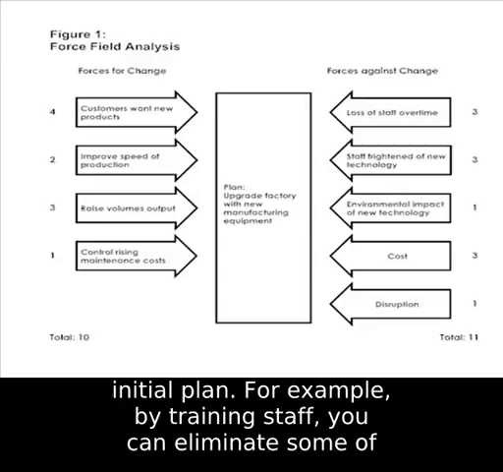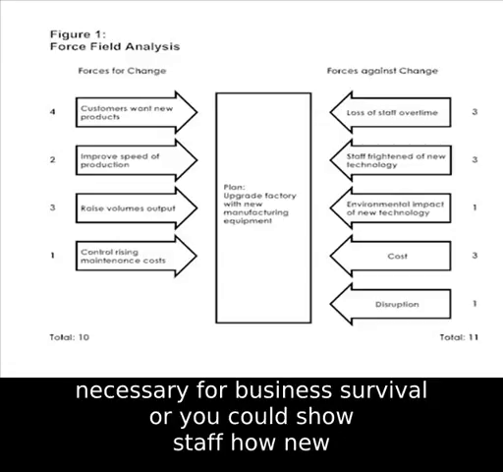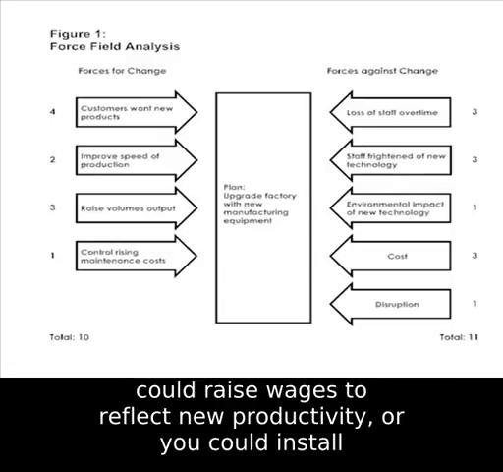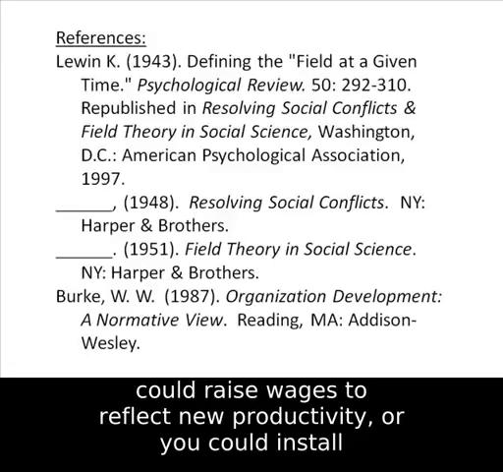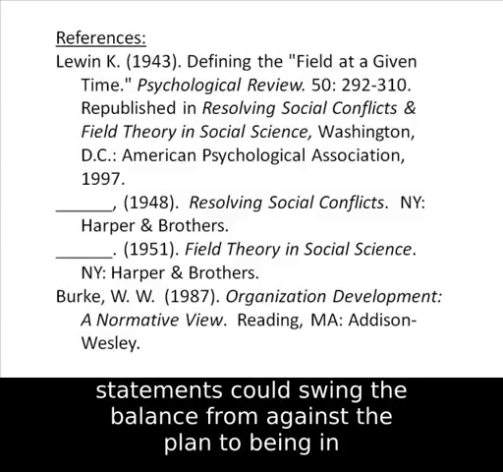For example, by training staff, you could eliminate some of the fear of technology. Or you might show staff how change is necessary for business survival. Or you could show staff how new machines would introduce variety and interest to their jobs. Or you could raise wages to reflect new productivity. Or you could install slightly different machines with filters to eliminate pollution. These changes could swing the balance from against the plan to being in favor of the plan.